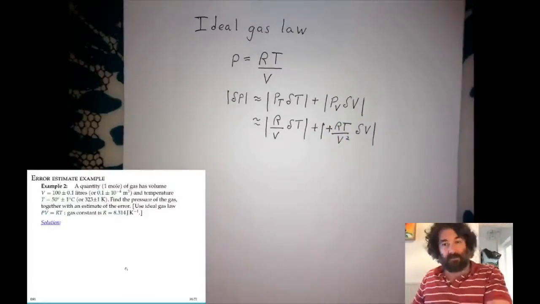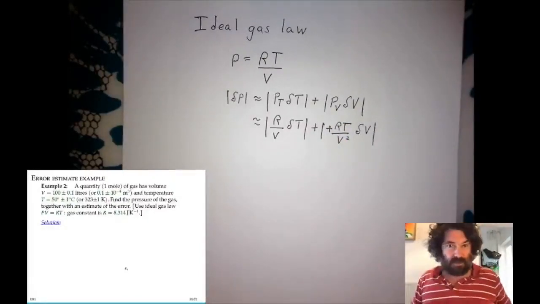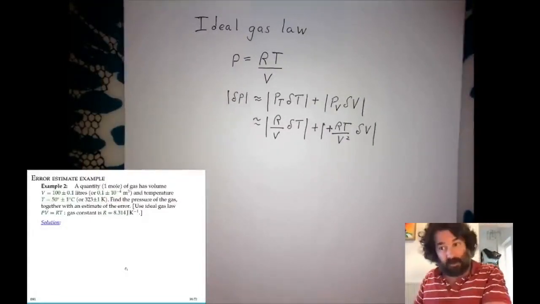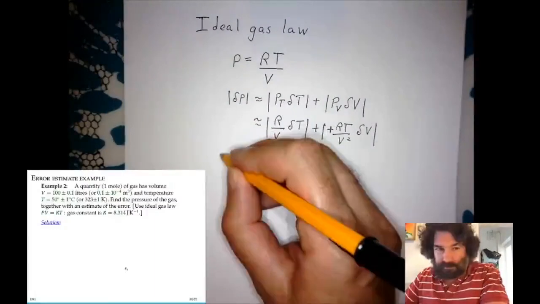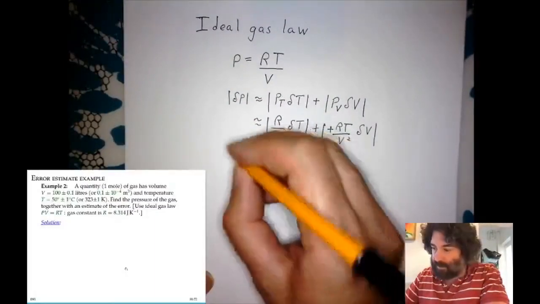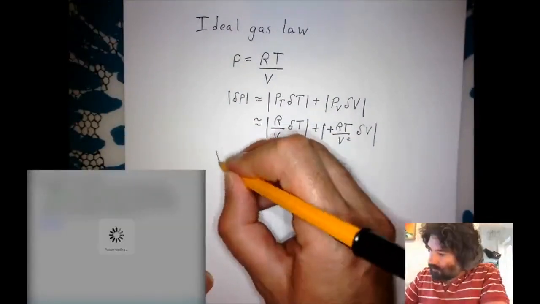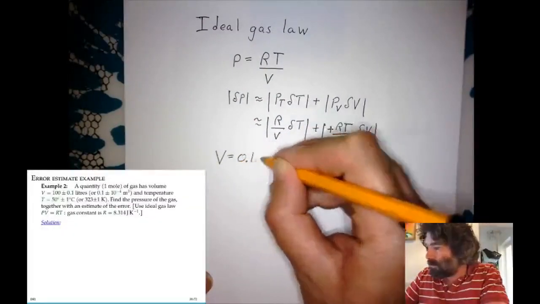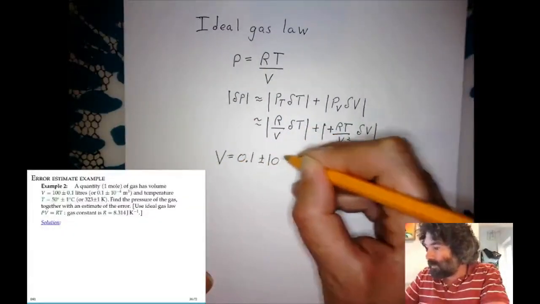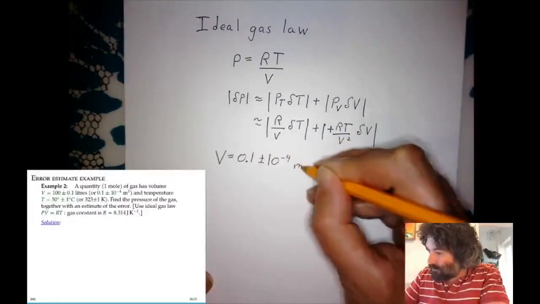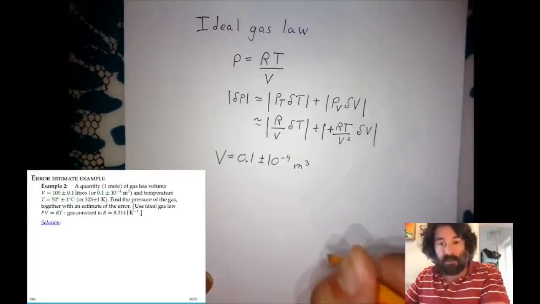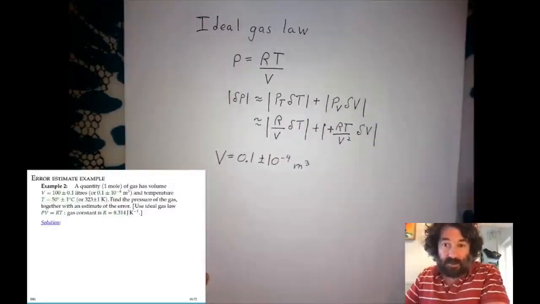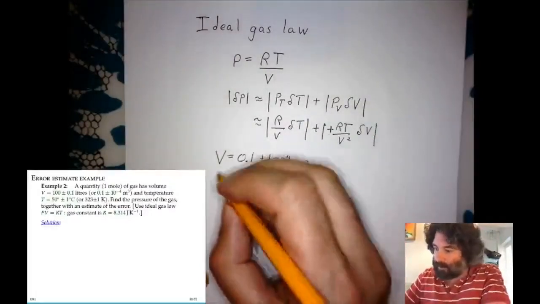All right, and so these are all the formulas we need, and then you just need to put in the numbers in order to calculate the pressure and the error in the pressure. And so write down what is given in the example. The volume is measured at 0.1 plus or minus 10 to the negative 4th cubic meters. We use cubic meters in order to make the units work out so that we get pascals when we calculate the pressure.